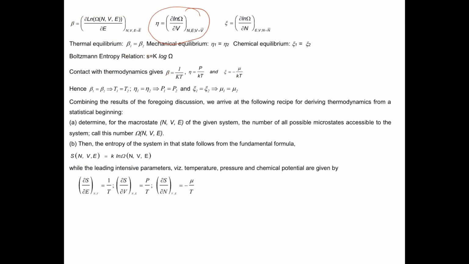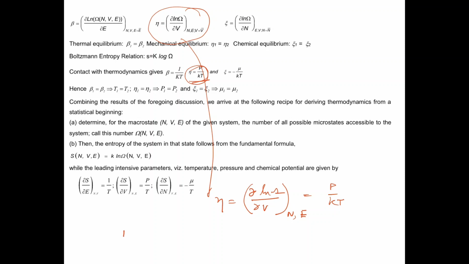This relation is eta equal to ∂ log omega by ∂V at constant N and E. And eta, as we have seen, is P by kT. So this is P by kT.